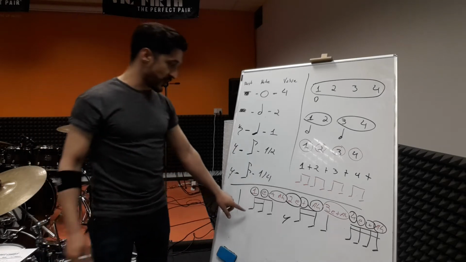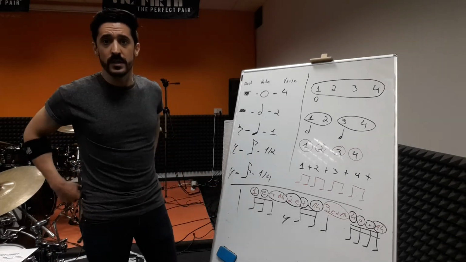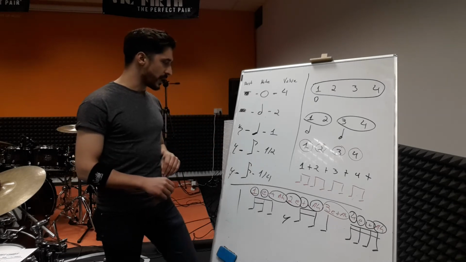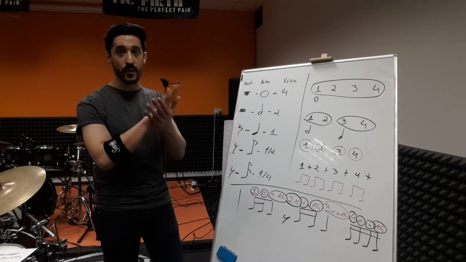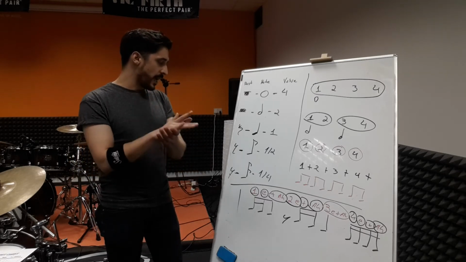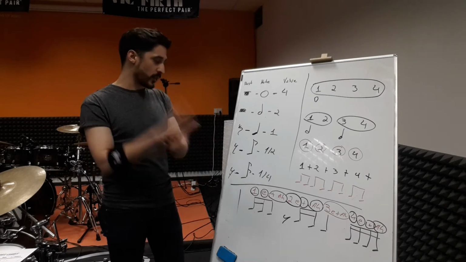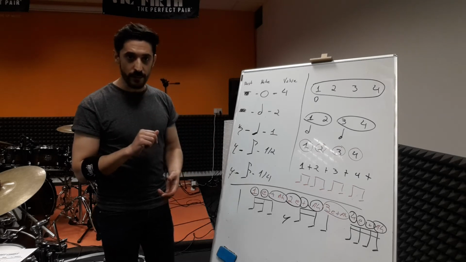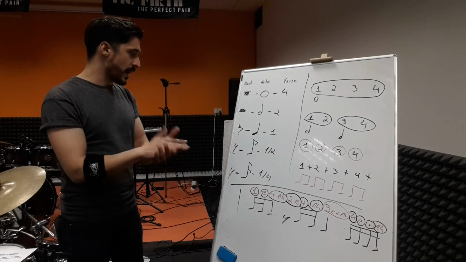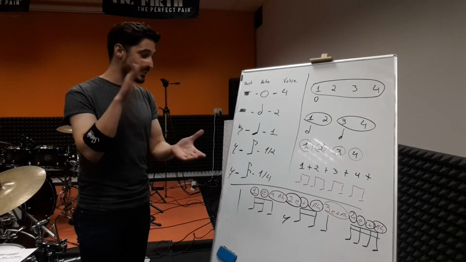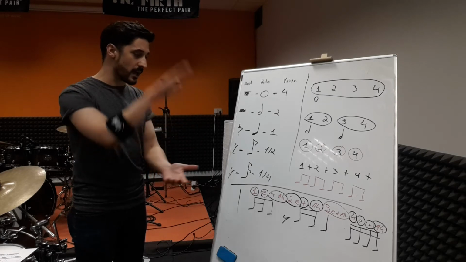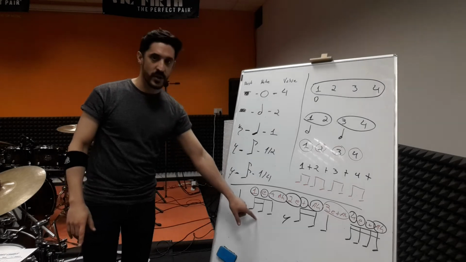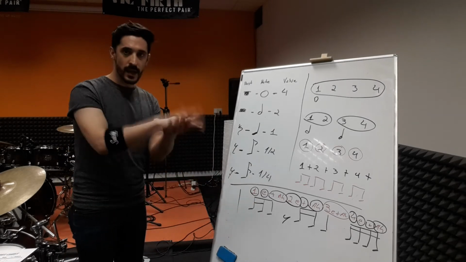Okay, so we broke it down, now to the playing. I'm going to clap this rhythm as I count out loud, super slow and then a little bit faster. So counting is going to be 1 E and a 2 E and a 3 E and a 4 E and a 1 E and a 2 E and a 3 E and a 4 E and a, and a little bit slower. 1 E and a 2 E and a 3 E and a 4 E and a. Two 16th notes and an eighth note: 1 E and a.